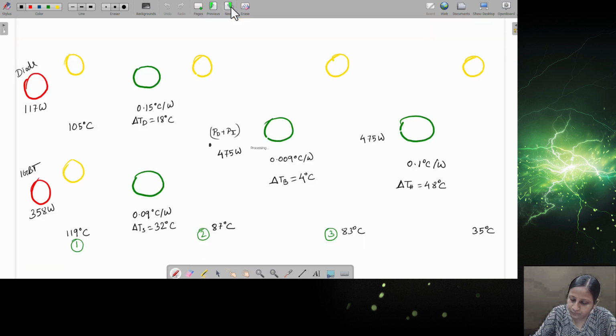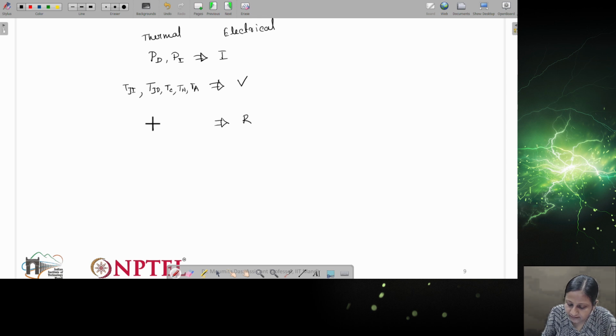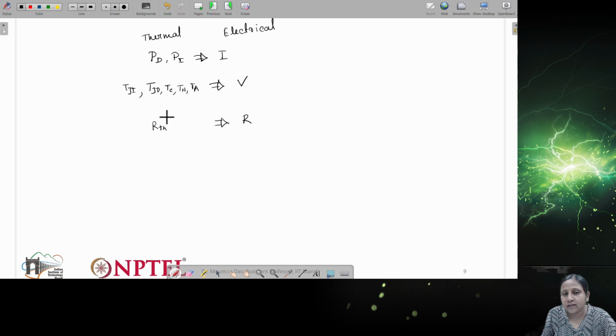So whatever representation is there in terms of RTH, so this is CH, JC or HA. So that is actually thermal resistance. So this is equivalent to the electrical parameter. So these three parameters are present in the static model. So their capacitance is not there.